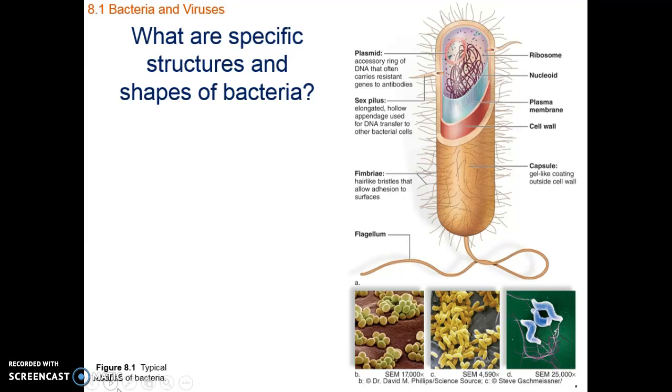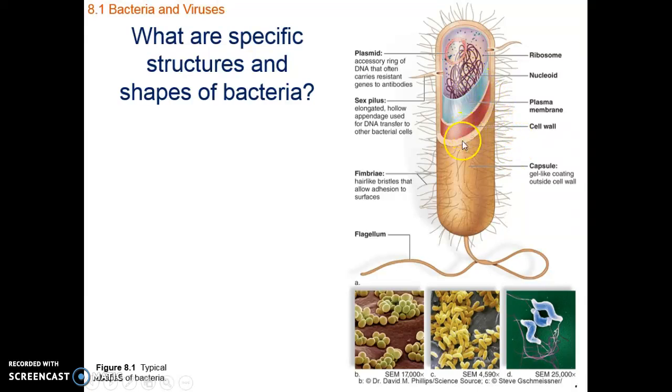Alright, so bacteria have specific structures that are used to help it do its thing, whether that's being a pathogen or whatever the case may be. In this figure, you see the plasmid, the circular piece of DNA.